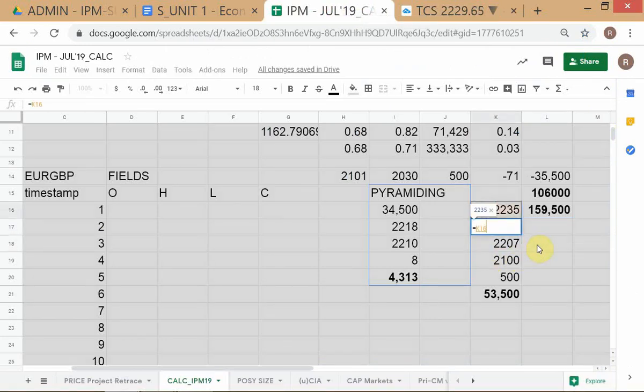So if I enter at 22.35 and I lose money and I exit at 2207, I'm losing $28, let's assume dollars, per share, and I can afford to lose only $106,000, not $159,000. So I should divide 106 by 28, and that will give me the number of shares I can afford to buy, which is 3785 actually. Rounded it comes to 3786, so it should be under. Are you following what I'm saying? Yes, sir.